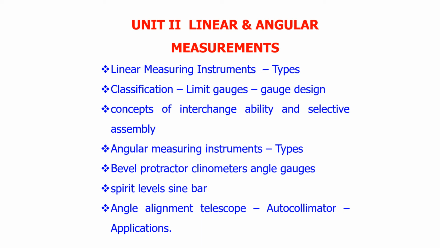And the second part of the second unit is angular measurement, types of angular measuring instruments like bevel protractor, clinometers, angle gauges, spirit levels, sine bars, and the latest equipment like angle alignment telescope, autocollimator, and their applications. These are some important topics we are going to cover under the second chapter, linear and angular measurements.